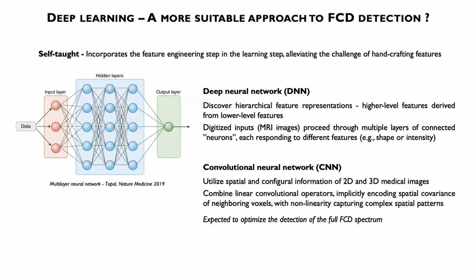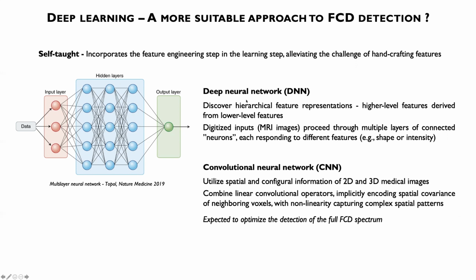To tackle some of these limitations, we have chosen deep learning, a machine learning technique. The key feature of deep learning is that it is self-taught. In other words, it incorporates the feature engineering step into the learning step.